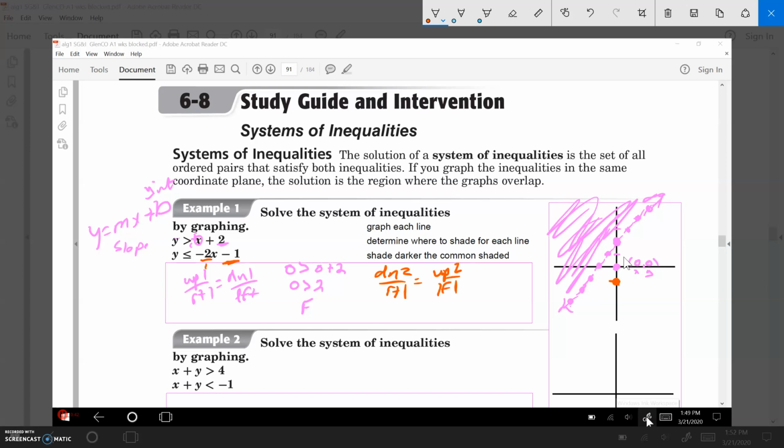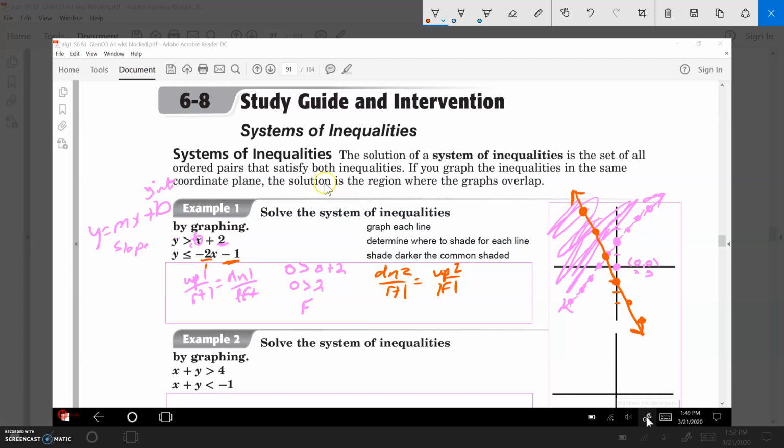Down 2, right 1, down 2, right 1, or up 2, left 1. This one is underlined, so we do connect the dots. Let's see if I can draw a semi-straight line here.